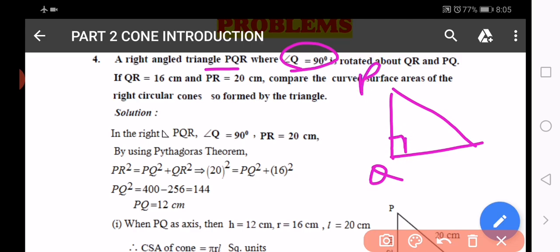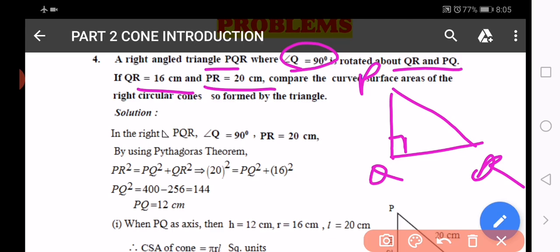Therefore here P, here R. Rotated about QR and PQ. If QR equal to 16 centimeter, PR equal to 20 centimeter, compare the curved surface areas of the right circular cones.